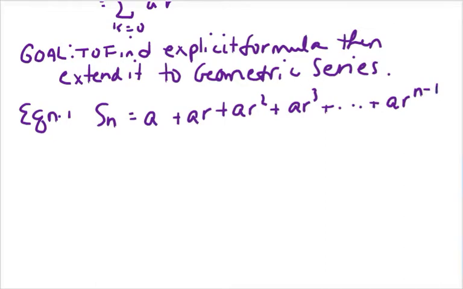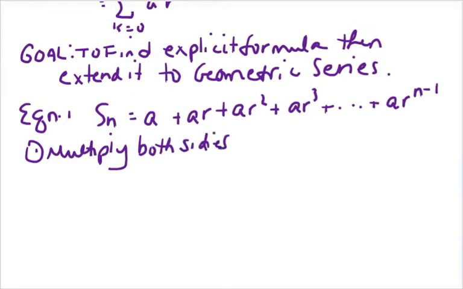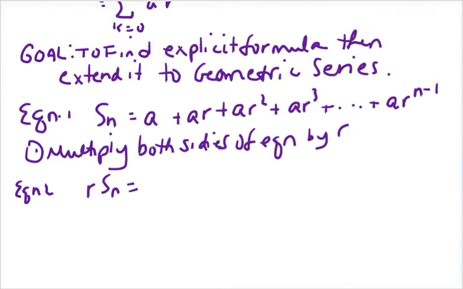So that's equation 1. If I multiply both sides of this equation by R, then the second equation, I'll call it equation 2, becomes R Sn, and we're going to multiply everything by R, so each exponent increases.